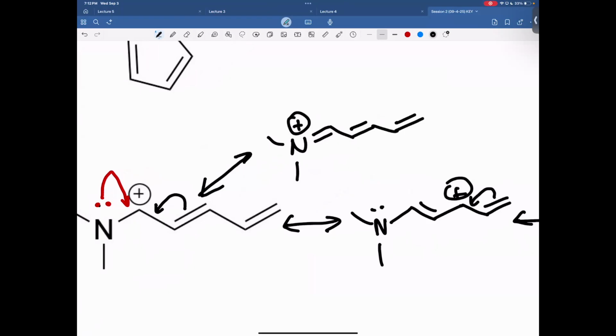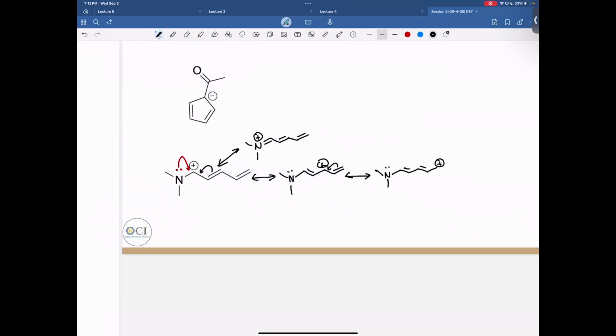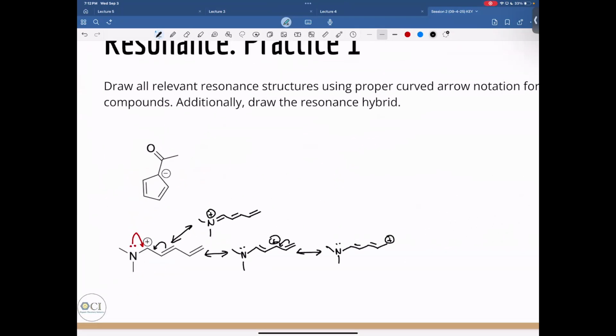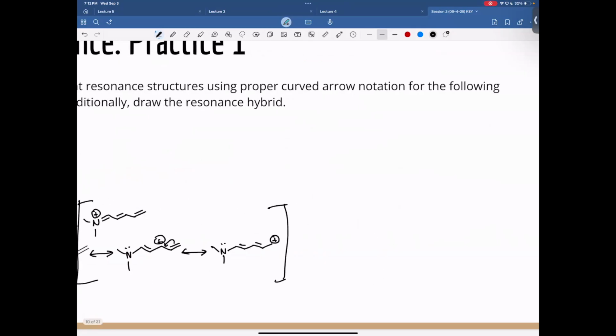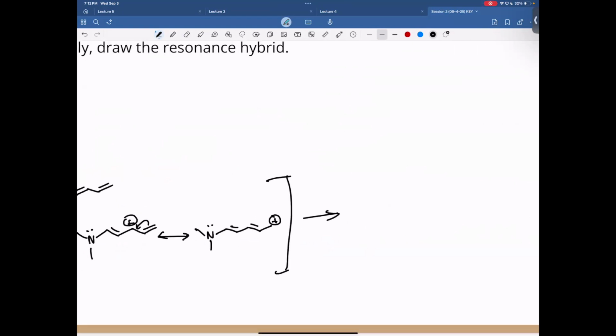And the positive charge is now going to be on the nitrogen. So these are all the valid resonance structures. And to show that these are all the structures you can do a bracket like this, and then point it towards a resonance hybrid.